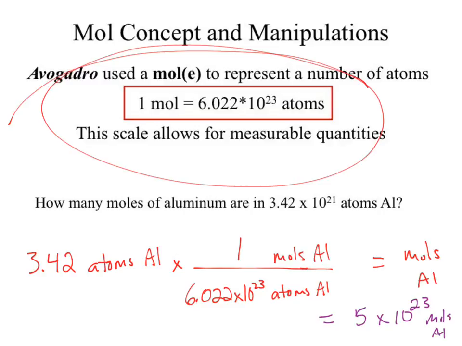When you entered it into the calculator, you did 3.42 divided by 6.022 times 10 to the 23rd. According to the order of operations in your calculator, what you really did was 3.42 divided by 6.02, and then that quantity times 10 to the 23rd. That's not what you're trying to do.